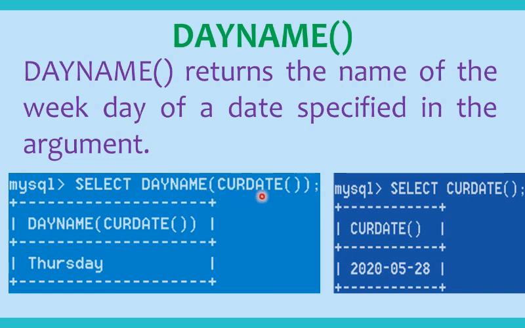So current date returns the current date and time, and the day name function will get the day from that. That is 28th May. On 28th May, the day name is Thursday. So it shows Thursday.